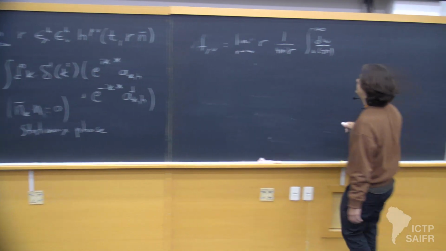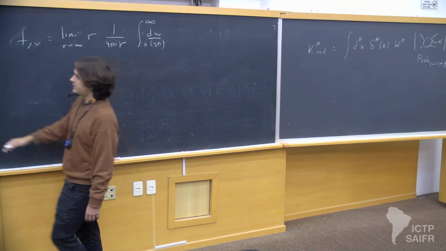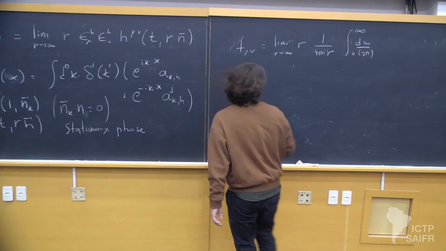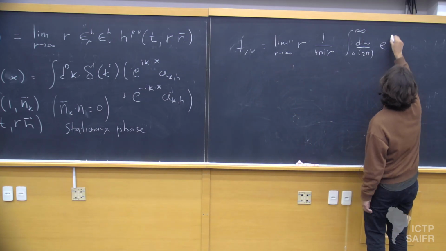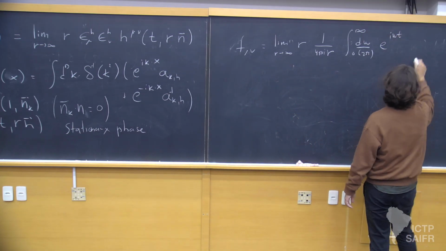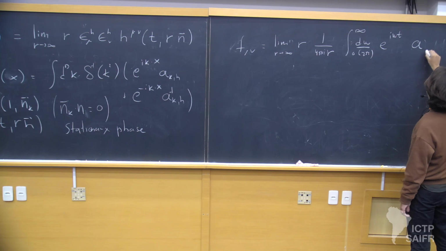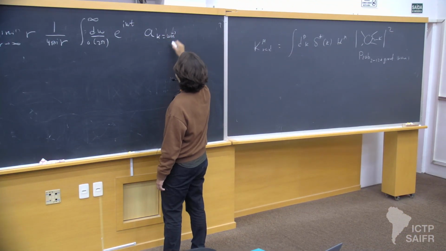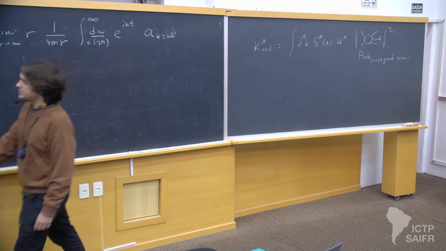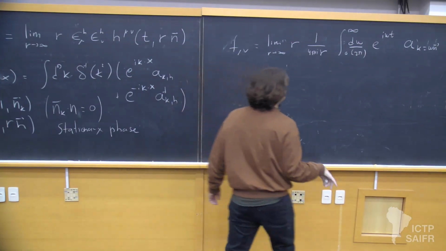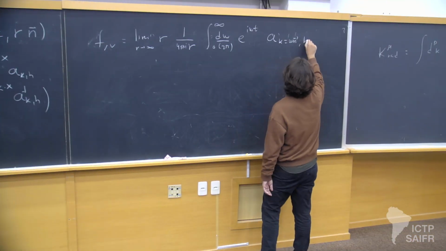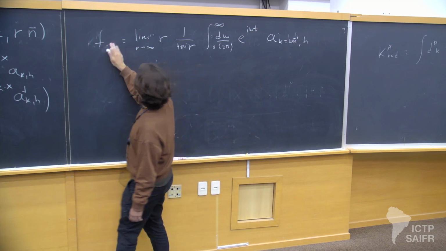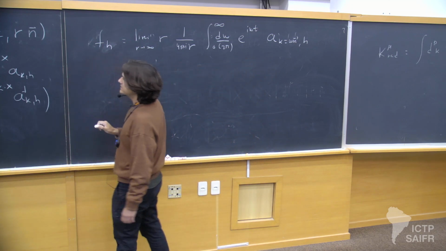So you can fill in the details, but this is just the result of this stationary phase calculation. e to the i omega t, and now just the annihilation operator with momentum equals omega n, so the direction in the celestial sphere that I had chosen when I took the limit, and the fixed helicity.